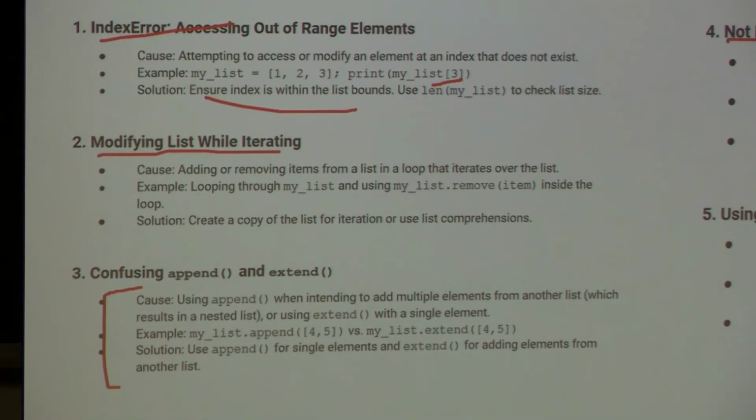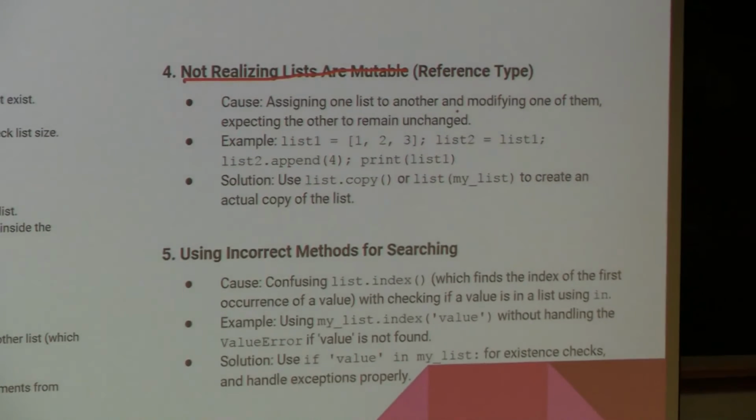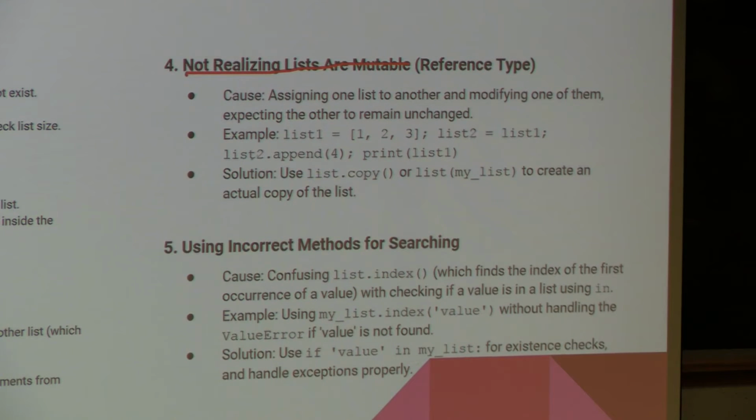Not realizing that lists are mutable is another error: assigning one list to another and modifying one of them, expecting the other to be unchanged. Extremely important. This was also in your worksheets. List 1 is 1, 2, 3. List 2 is list 1.